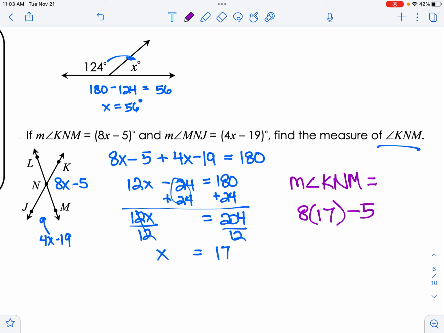And then we're going to type that into our calculators. That would be 8 times 17 is 136 minus 5 is 131. Okay, so the measure of angle KNM is 131 degrees.